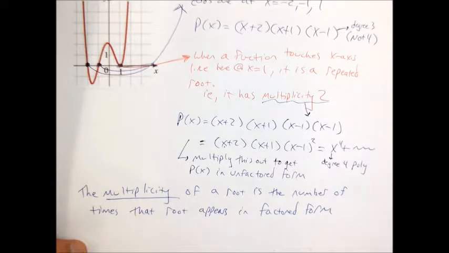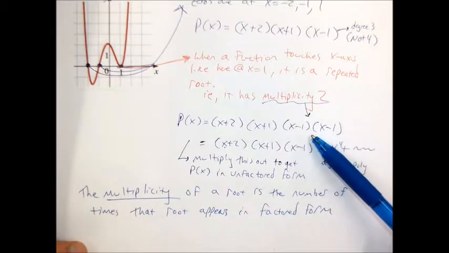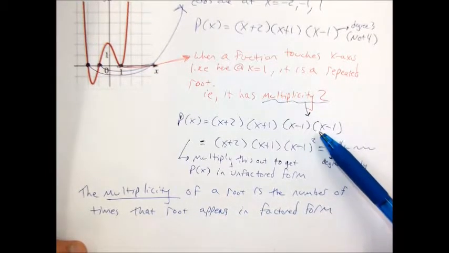And so looking at this example right here, x minus 1 has multiplicity 2 because it appeared twice. And so x equals 1 has multiplicity 2.